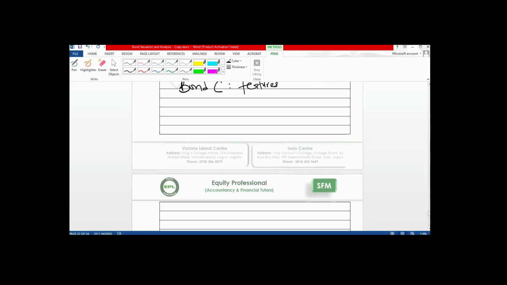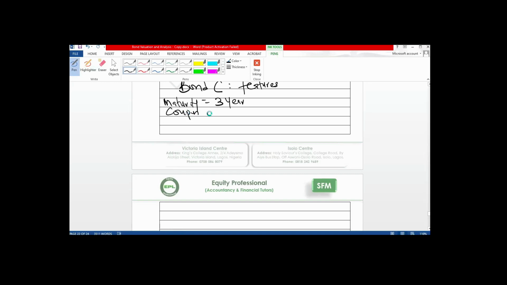Now, let us itemize the features of bond C. Maturity is 3 years. What is the coupon? 6%.